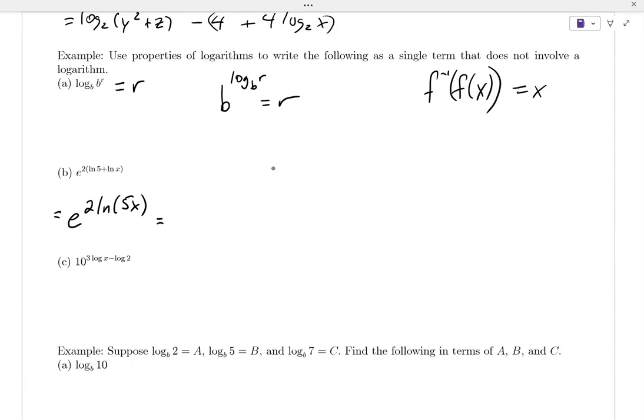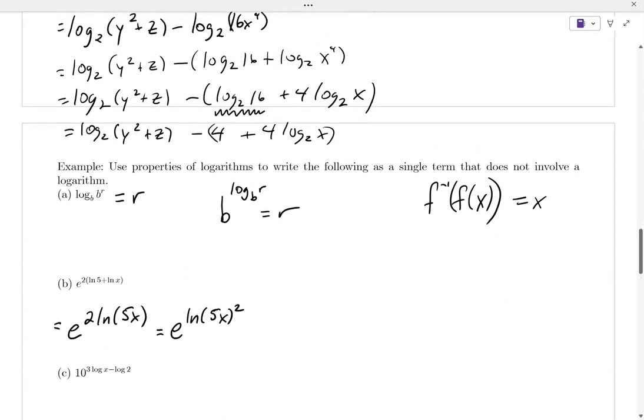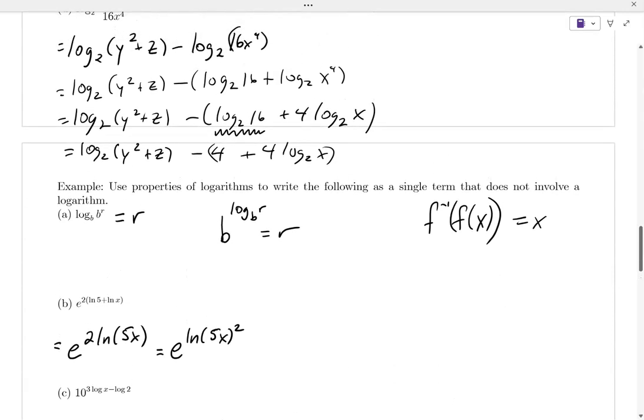What can you do with the 2? Yeah, bring it up as a power, right? Now notice, I want to contrast, before we finish this off, what we talked about up here.